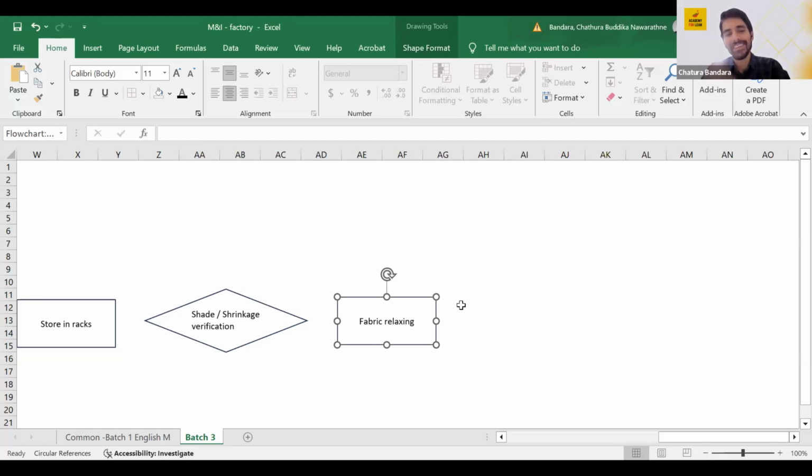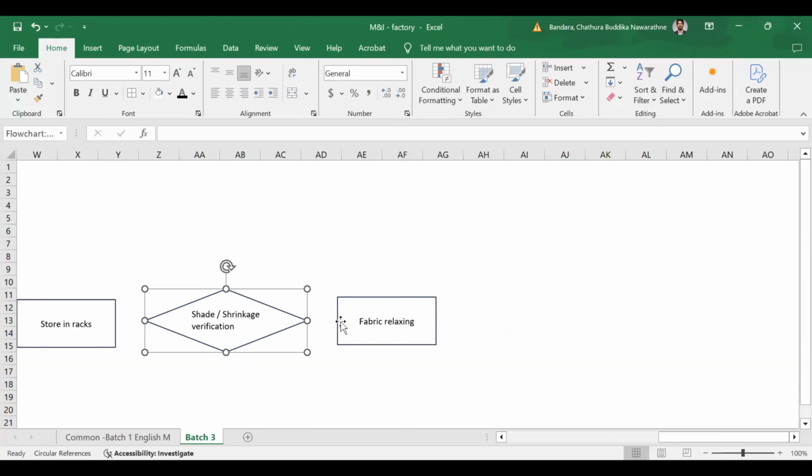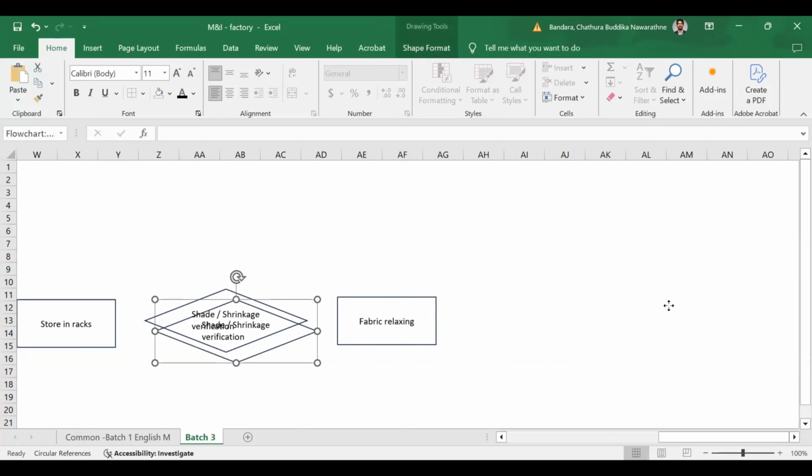If you verify, there should be a decision symbol. If not, it should be a process, right? What should the symbol be? It is a diamond, a decision. Yes, that's what I want to come to.